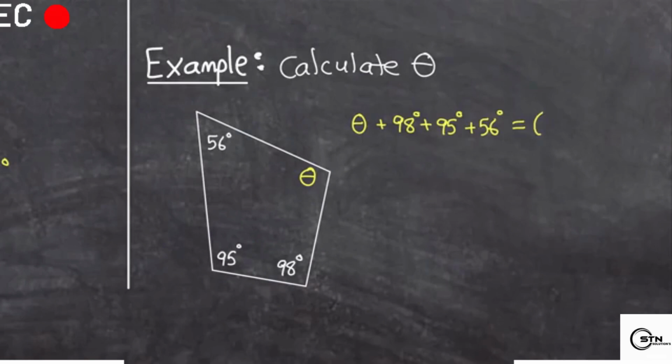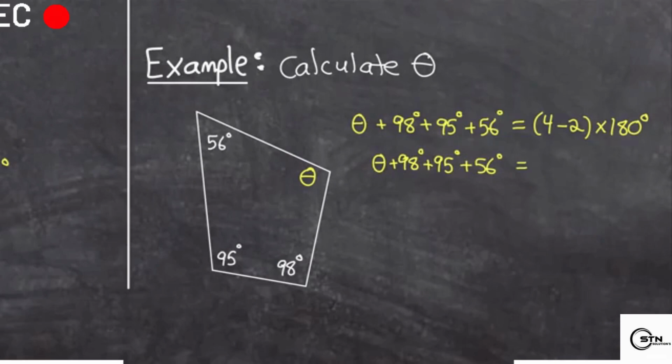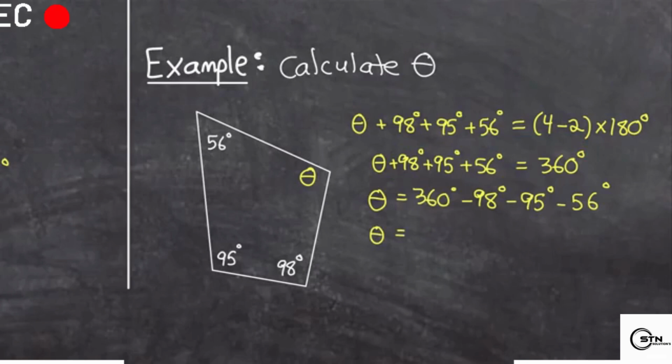So in this case, the number of sides is 4, so 4 minus 2 times 180 degrees. So the sum of the 4 angles would be equal to 2 times 180, which is 360 degrees. So to calculate angle theta, I would just have to subtract those 3 angles from 360, which would mean that angle theta is 111 degrees.